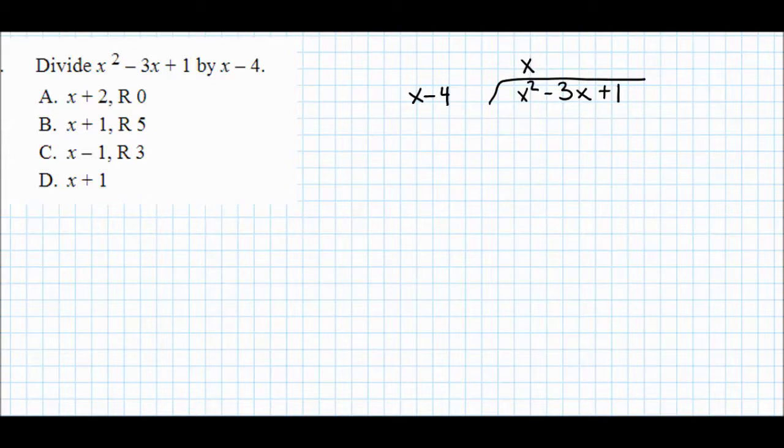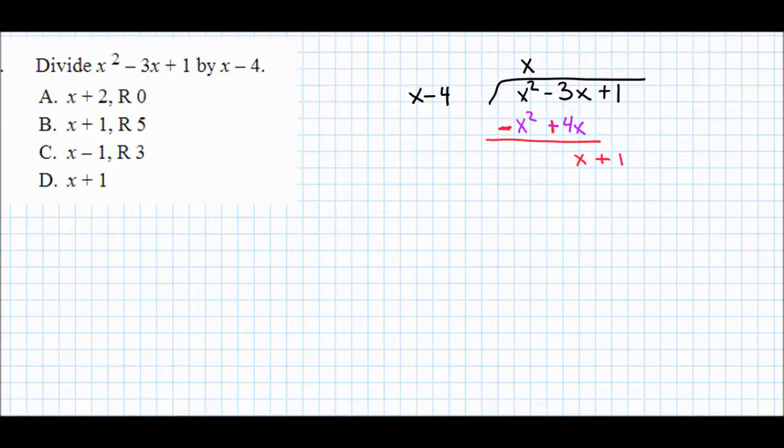So x times x is x squared. x times negative 4 is negative 4x. Like we said before, we have to change the signs to subtract them. So the x squareds go away. Negative 3x minus negative 4x is going to be a positive x, plus 1.